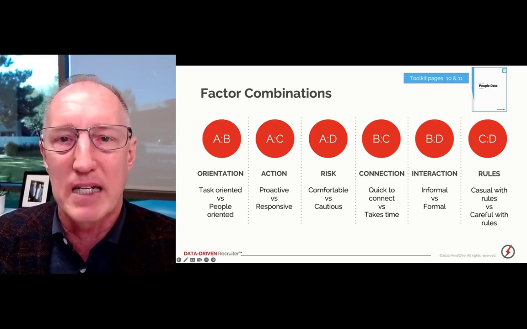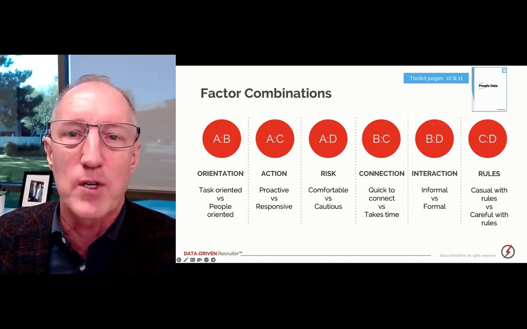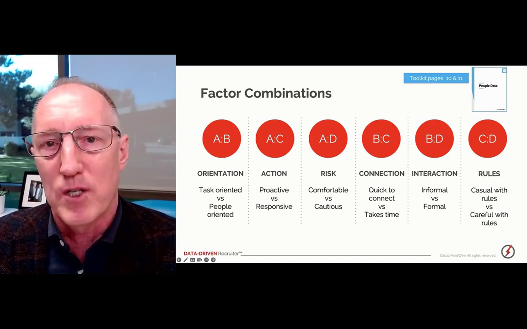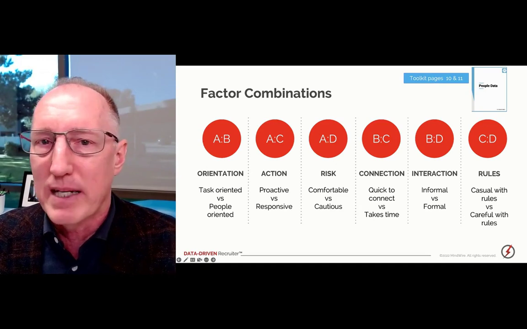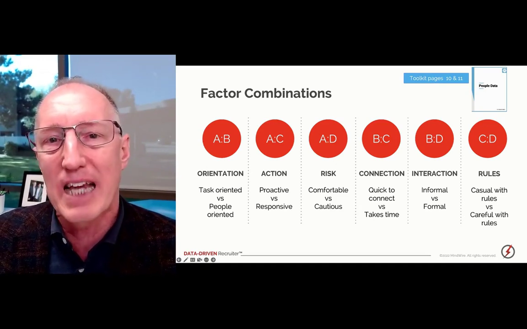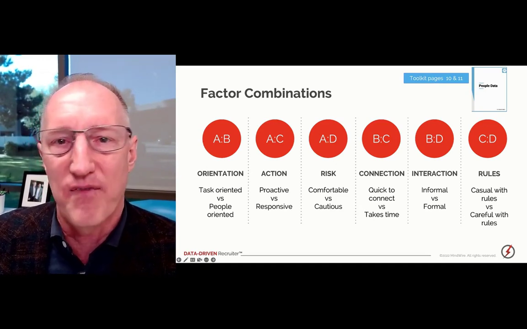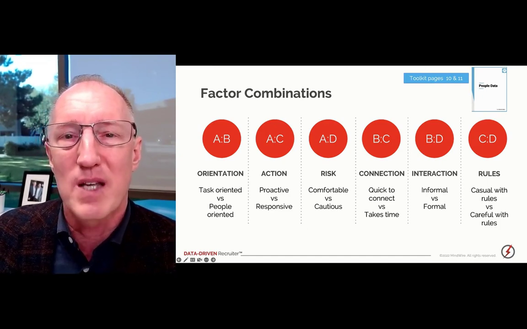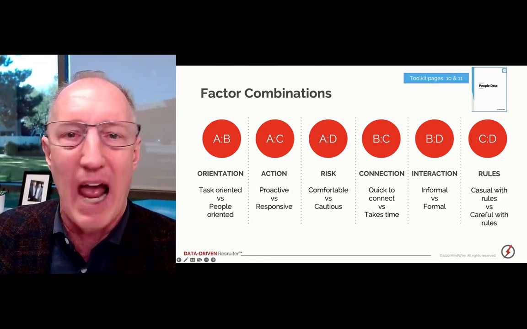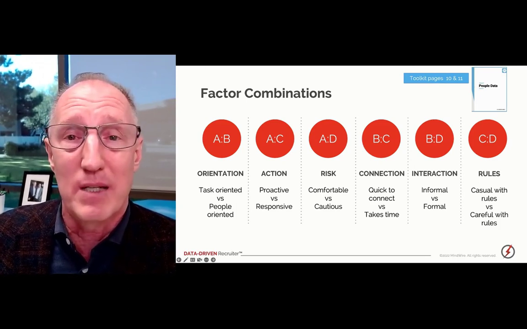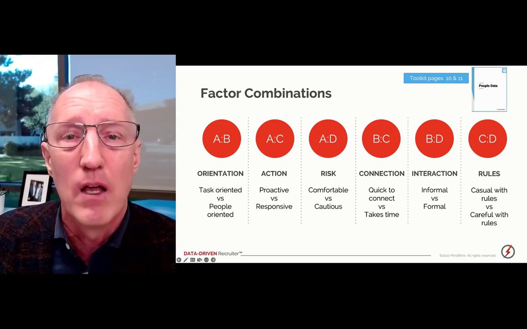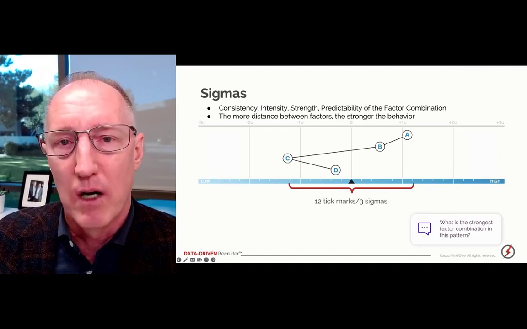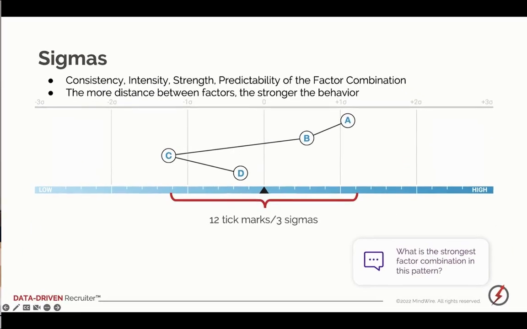So that's the basic definition of how I understand these dot relationships, right? Is it A over B? Is it B over A? The next thing I want to know is how intensely felt and expressed that relationship is. If somebody's A over C, does that mean everybody who's A over C is going to be exactly the same? Not at all. What I want to know is how much of this particular behavior that person has.